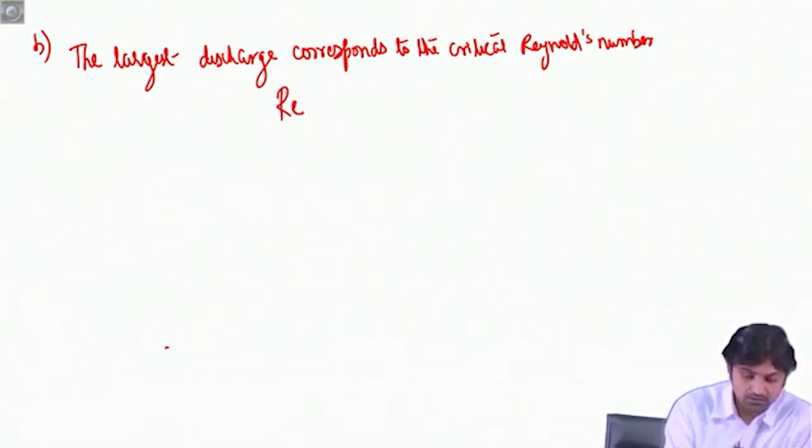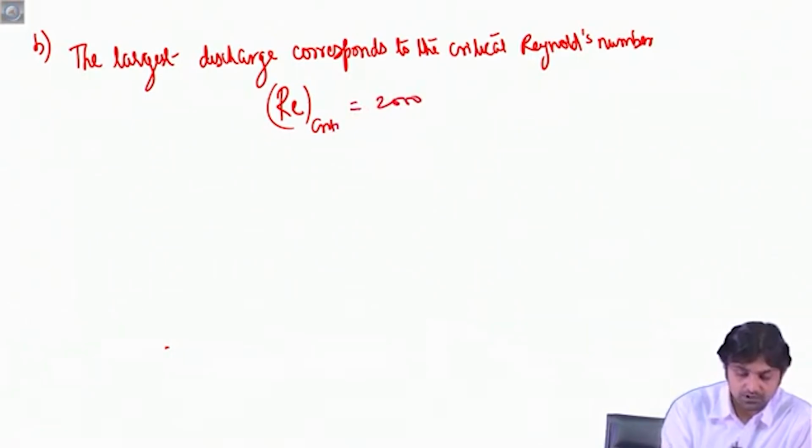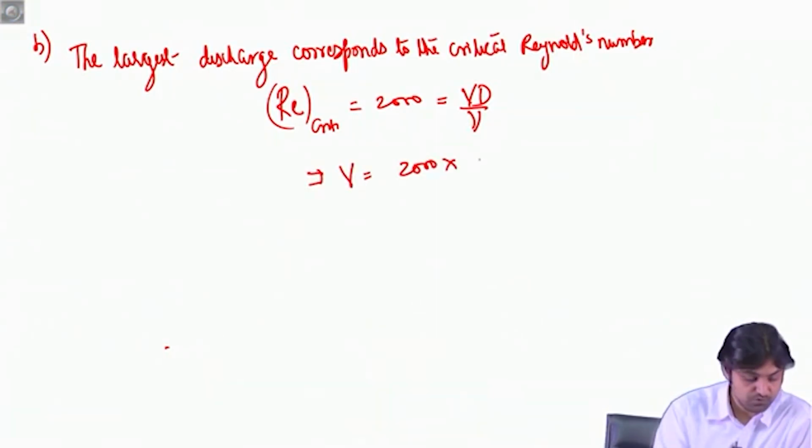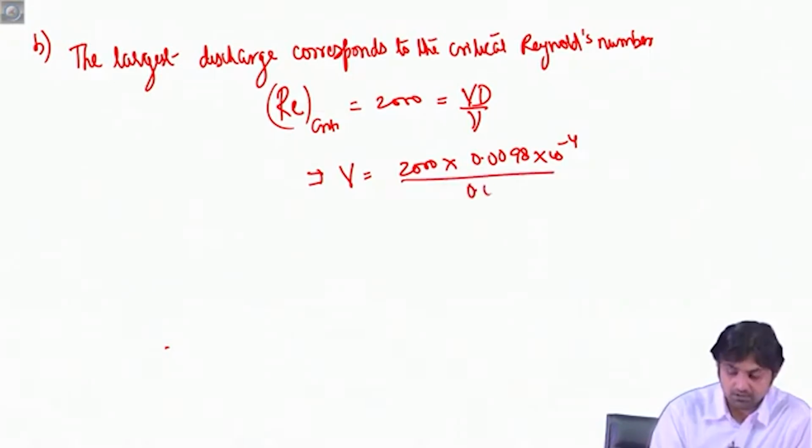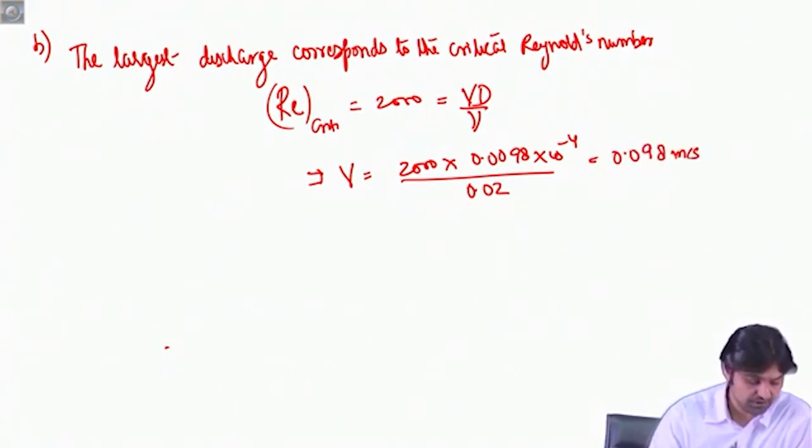Remember, Reynolds critical will be 2000 is equal to Vd by nu, which will give us velocity as 2000 into nu, which is 0.0098 into 10 to the power minus 4, divided by the diameter 0.02, gives us 0.098 meters per second.